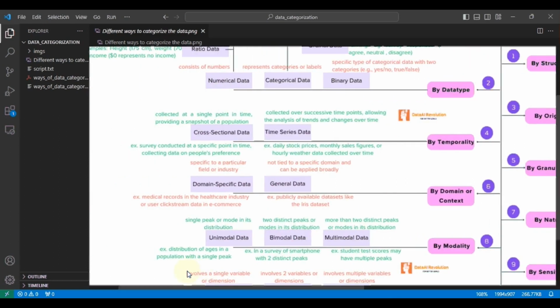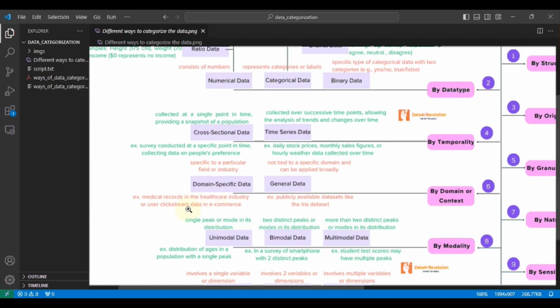Next, we can categorize data with respect to domain or context also. So data can be domain-specific data or general data. Domain-specific data represents data that is specific to a particular field or industry. For example, medical records in the healthcare industry, so it's domain-specific.